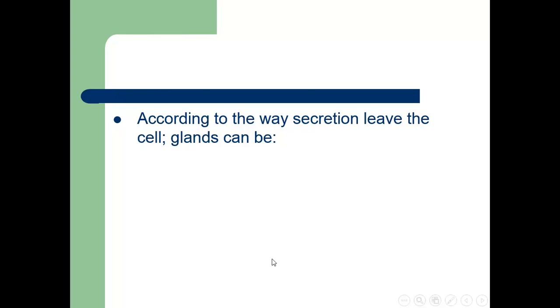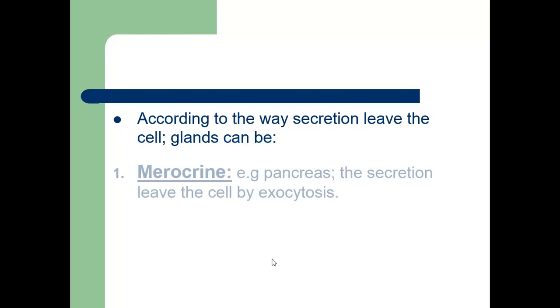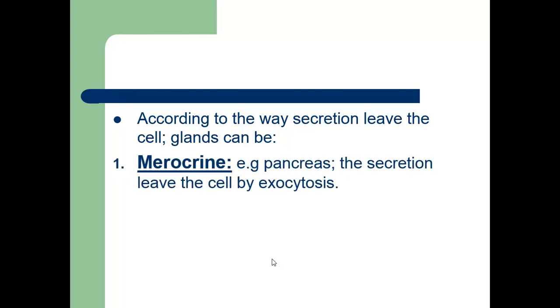Okay, you know, exocytosis, pinocytosis. If the gland excretes only the secretion without losing a big part of the gland, this type of secretion is called merocrine. Mero means little. Whenever you see this mero, this means little. Crine is a gland.